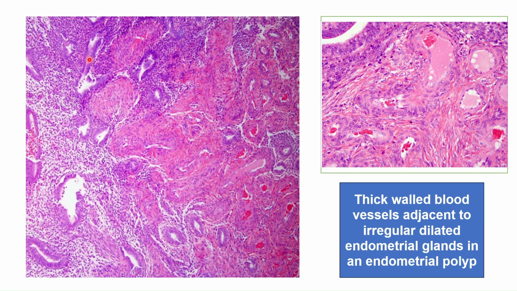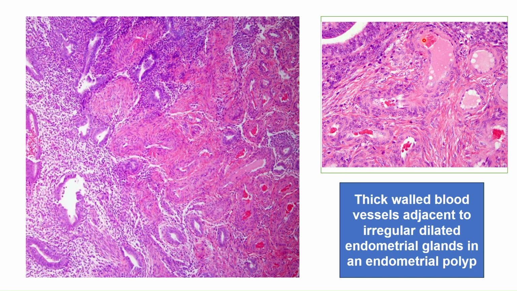Again, in high power view, we can appreciate both glands and blood vessels. So blood vessels, they are thick walled. We can easily appreciate the wall thickness is very high, and the lumen contains RBCs. So a number of blood vessels show thick walled appearance, and these are the glands showing irregular shape, and some have proliferative activity, and this is fibrotic stroma.